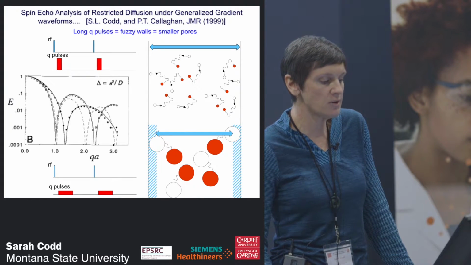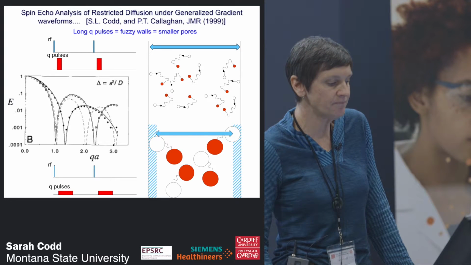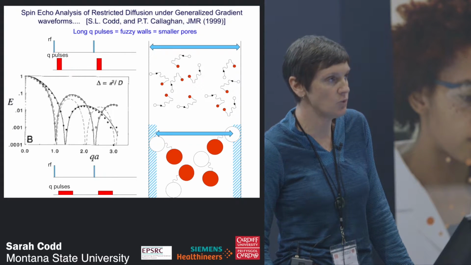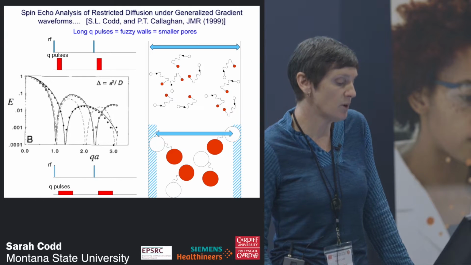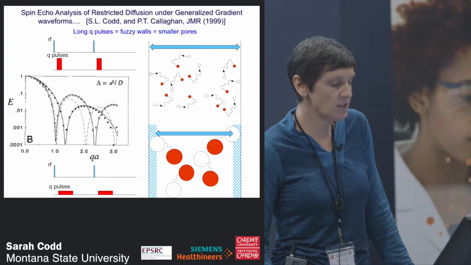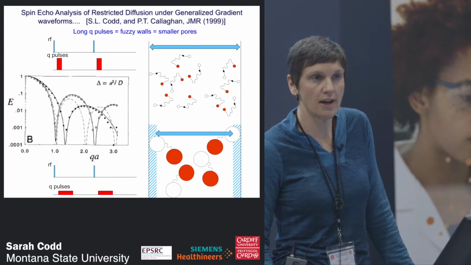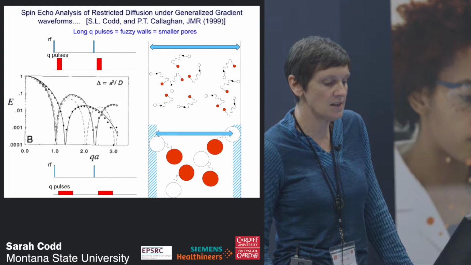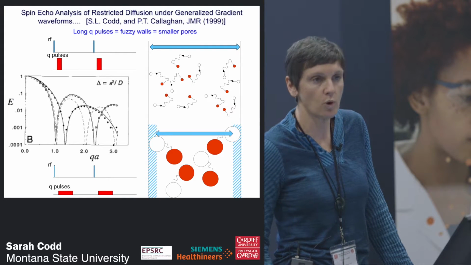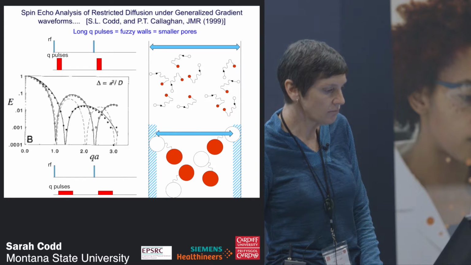Over the duration of the pulse, they're actually able to sample a larger region. And so the displacement that you end up measuring is going to be smaller, and so you don't get access to the entire space available, and hence, as far as the experiment's concerned, you have smaller pores available to you.